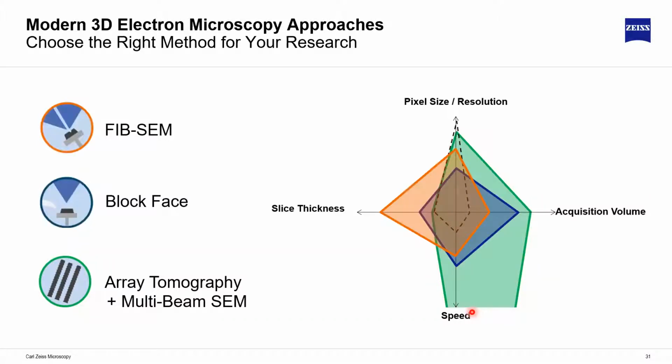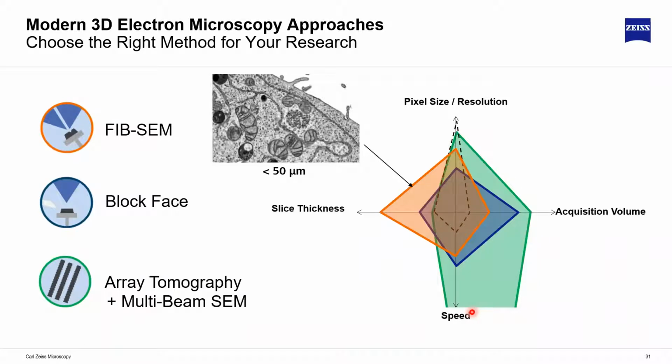Comparing all of them, you might be asking, we have all those techniques, but why doesn't the field converge to one? Well, there are different research requirements for the data set, and that allows you to answer your scientific questions. Depending on what you need, the data set volume, the resolution, you might favor one method over the other.